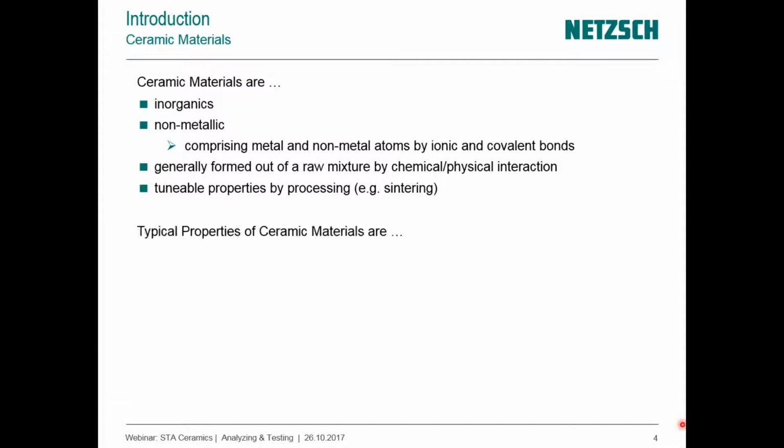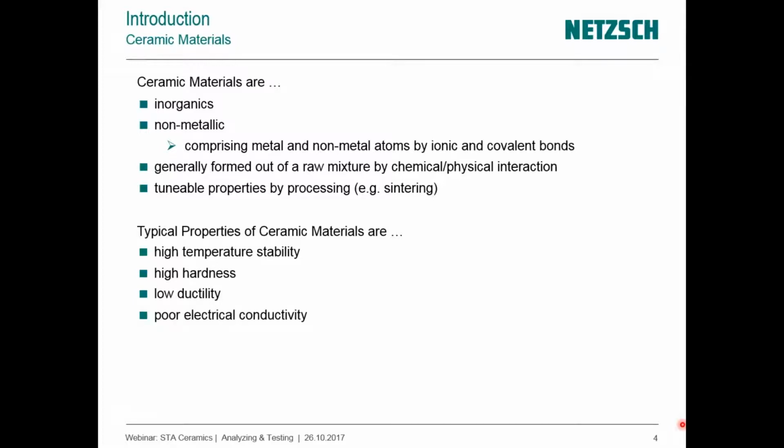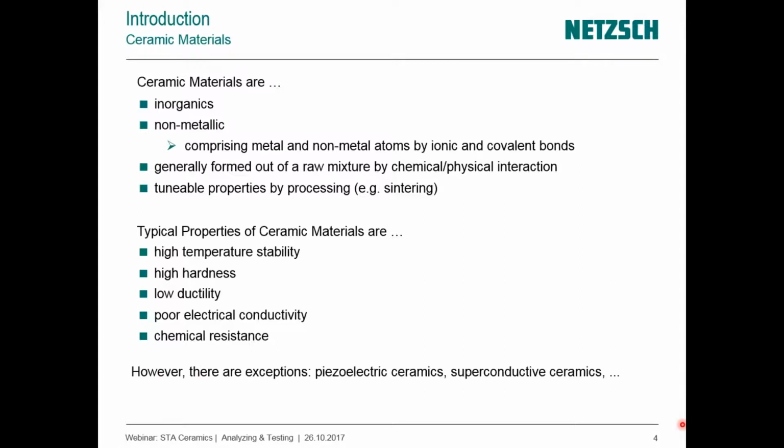If you look at this short definition, you see that we are not defining a special chemical composition. This means ceramic materials cover a wide field of different chemical compositions, so we can talk about oxide materials, nitrides, carbides, and whatever. Therefore, we also have a wide variety of possible physical properties with these kinds of materials.